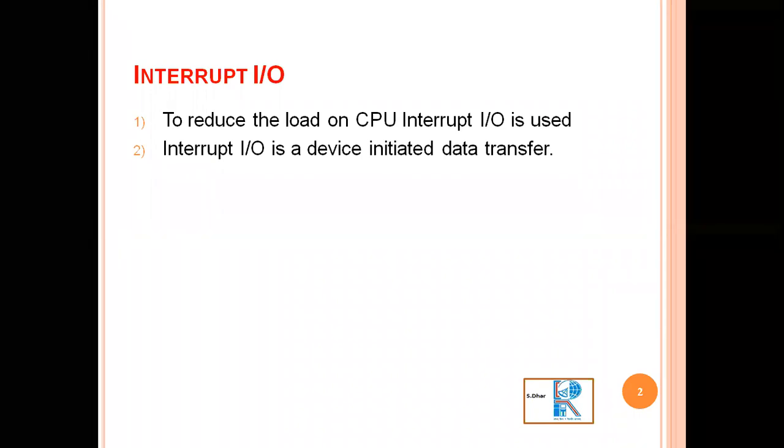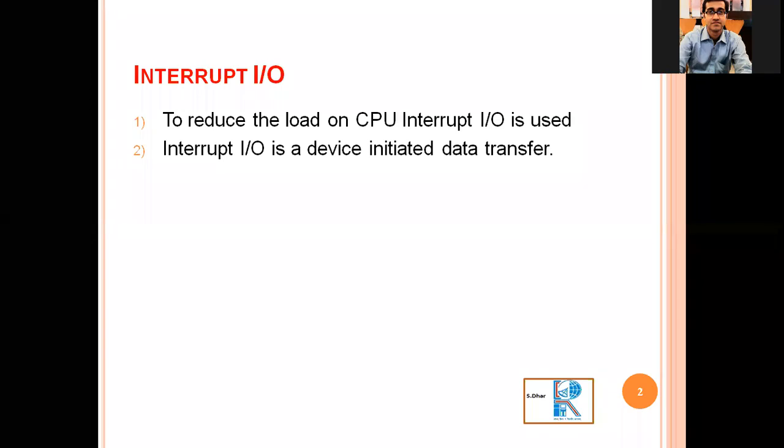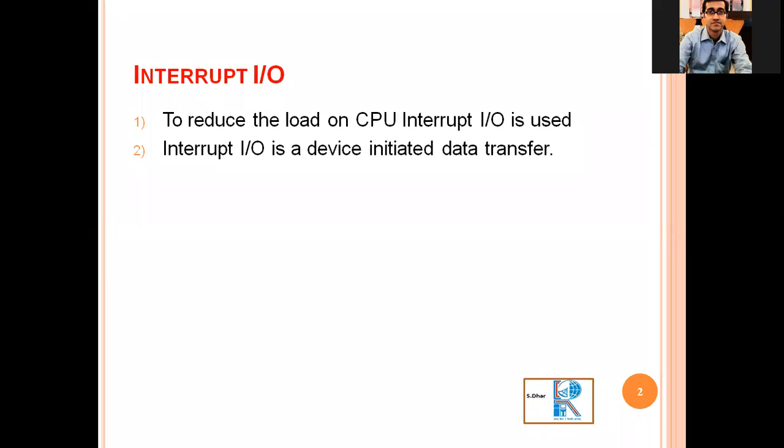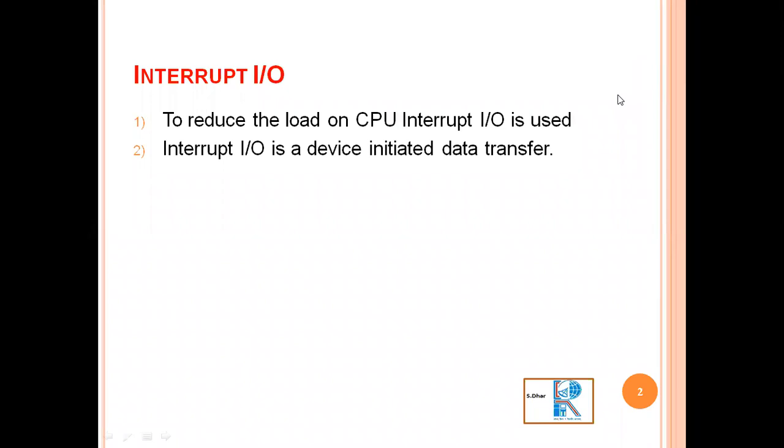After checking the status, if it is available, then it will run the instruction. If it is a memory mapped I/O, it will be a similar instruction like load and store. But if it is an I/O mapped I/O, it should execute in and out instructions. Clear? So that was the programmed I/O.